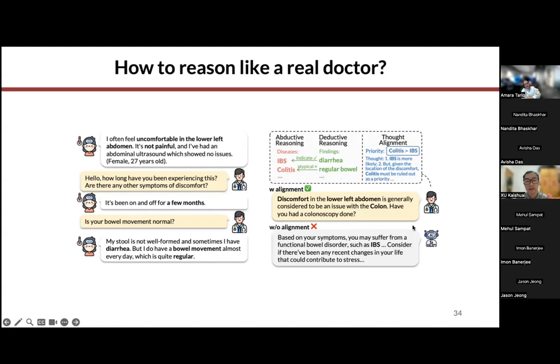However, a real doctor will consider the colitis in the following responses rather than the IBS, which has a high probability. A general LLM will use the IBS, which is a higher probability. There's a gap between the real doctor and the general LLM or medical LLM.